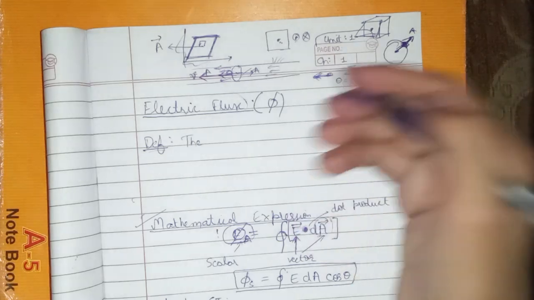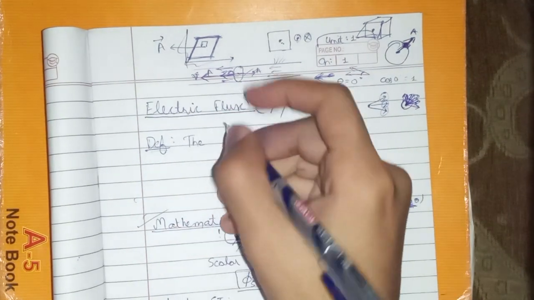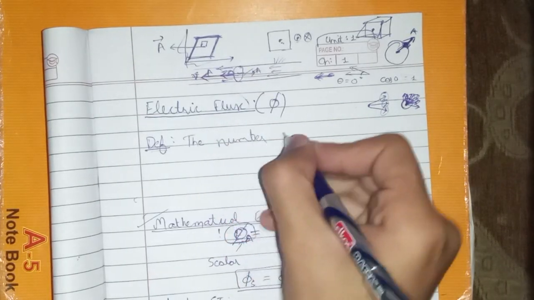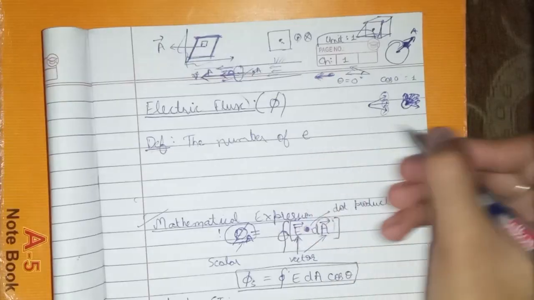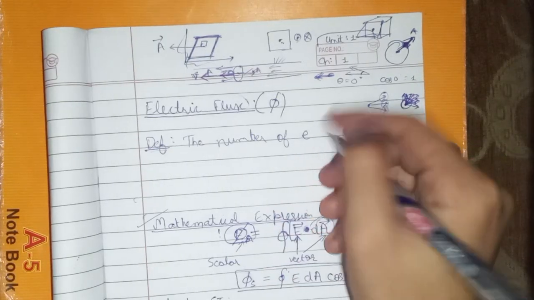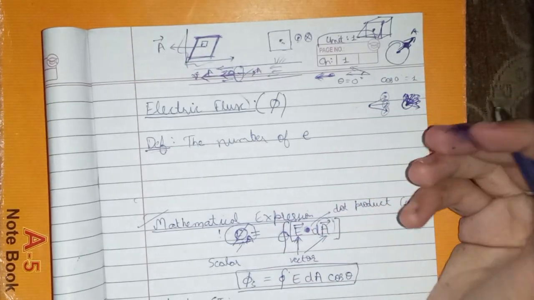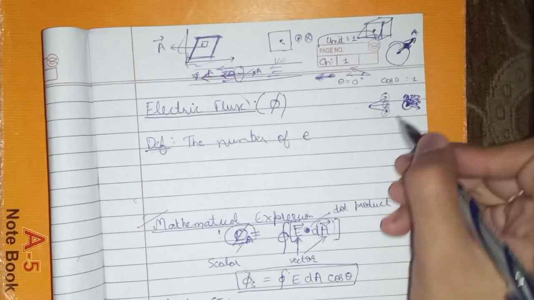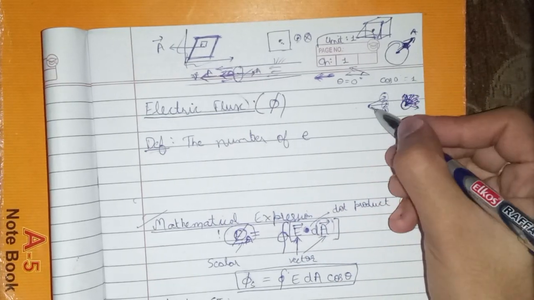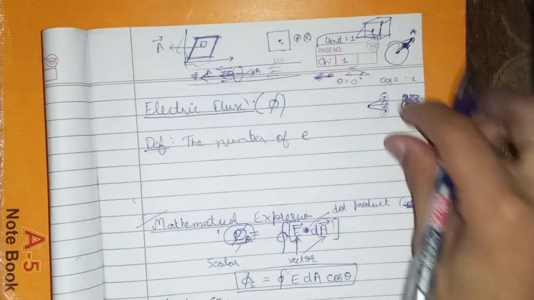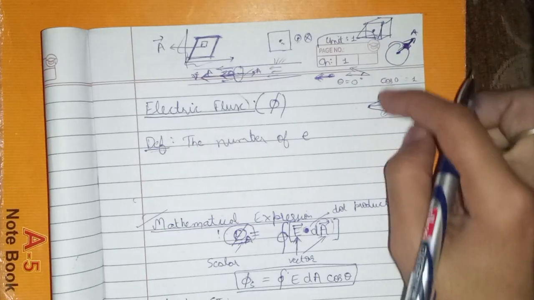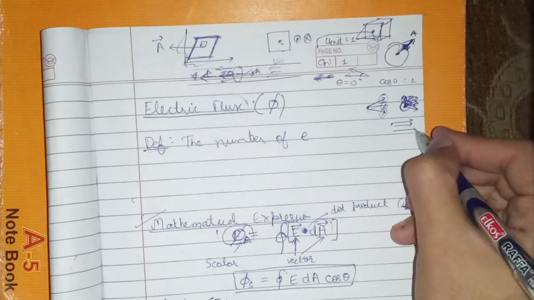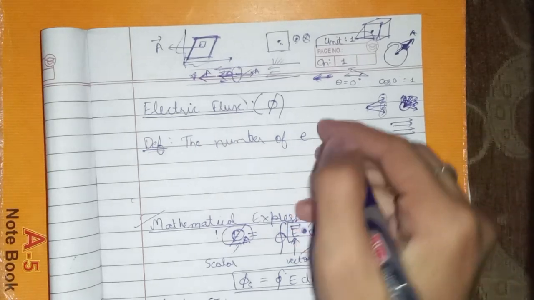The number of lines is basically just for comparison: which one is weaker and which one is stronger, which one is more dispersing, which one is non-uniform, and which one is uniform, equally spaced.